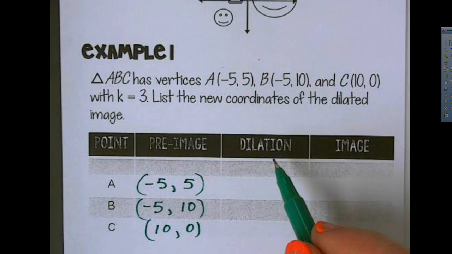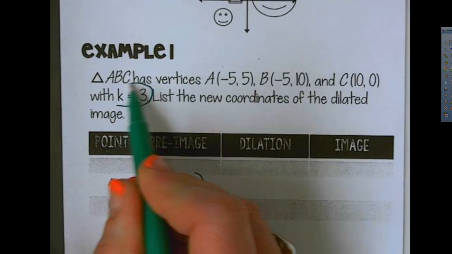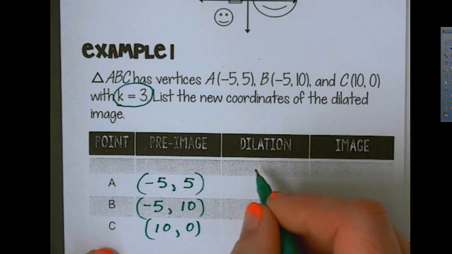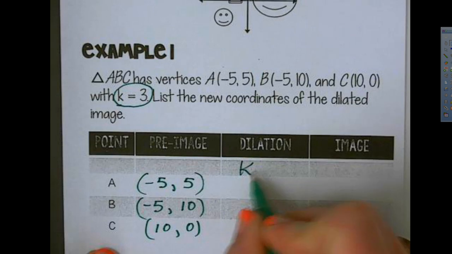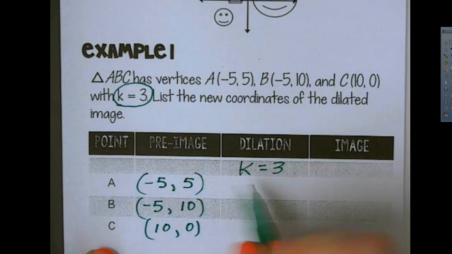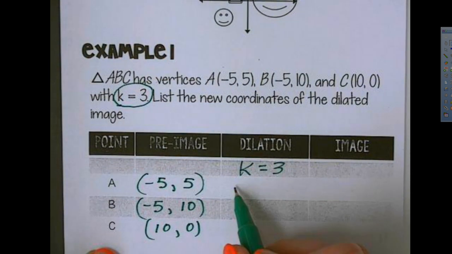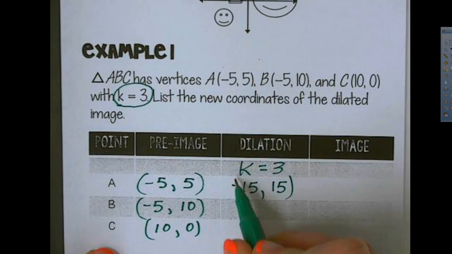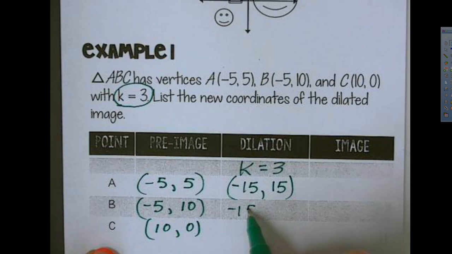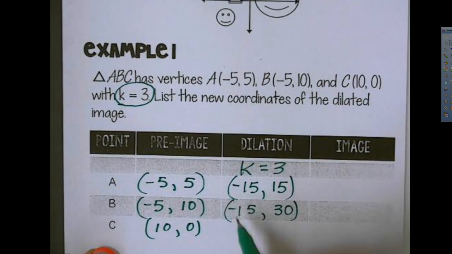Now the dilation on this one, it says K equals 3. So what that means is we are going to take everything and times it by 3. So the sign stays the same. -5 times 3 is -15. 3 times 5 is 15. All right, so I'm just going through multiplying everything by 3.